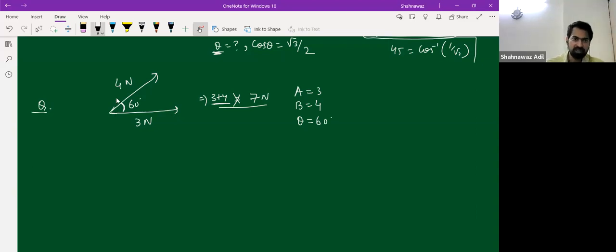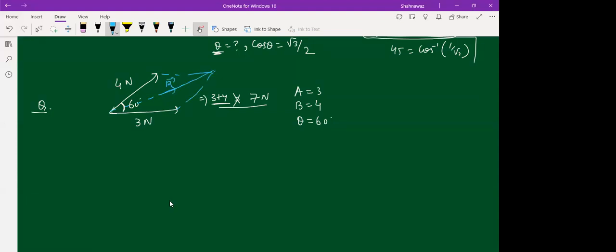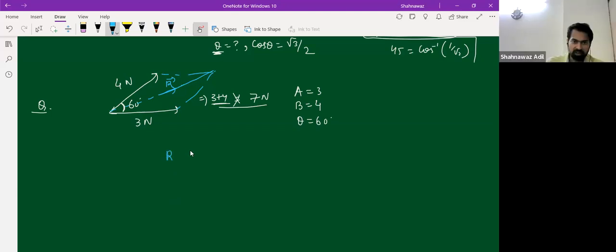The resultant of these two vectors would be this. This would be the resultant, right? So we need to find R. Understood?